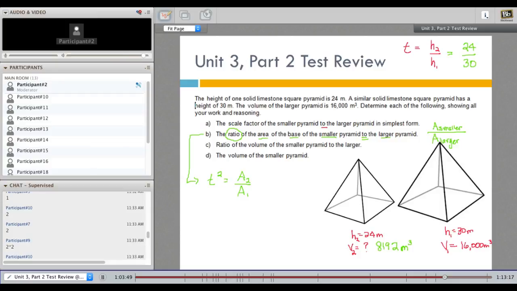Rather than finding the individual areas, how could we find just the ratio, what is area 2 over area 1? I don't need to know area 2 specifically. I don't need to know area 1 specifically. I just have to know if I made a fraction out of this, what would that fraction be equal to? Okay, and my hint to you is that it lies in t. How can we use t to get there?